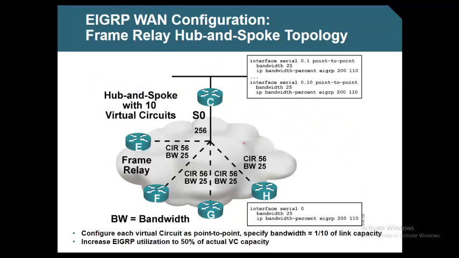Right. Now let us assume you got one hub router and you got spokes. How many spokes? 10 spokes. Each spoke's bandwidth is 56 kbps. This is one spoke, this is one spoke, this is one spoke.